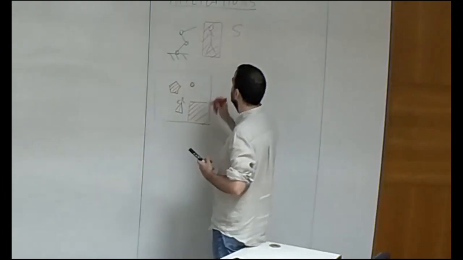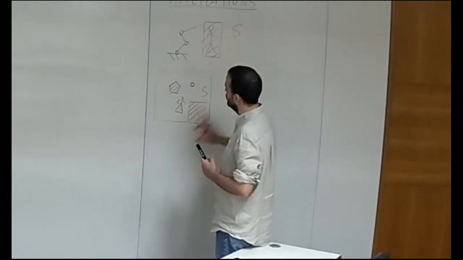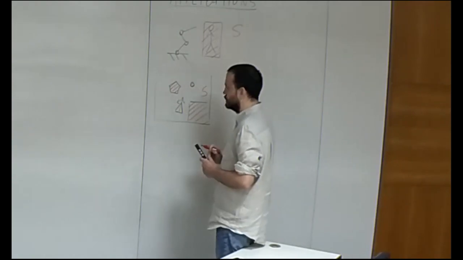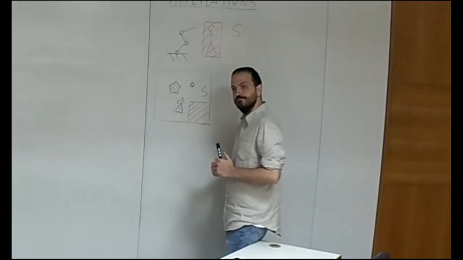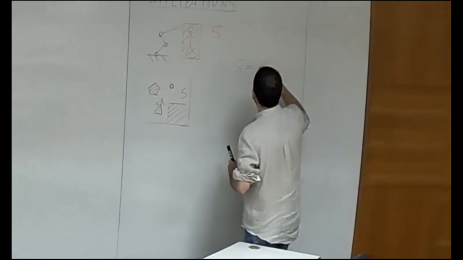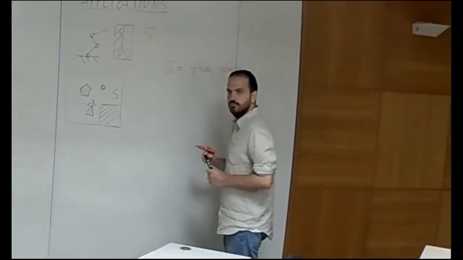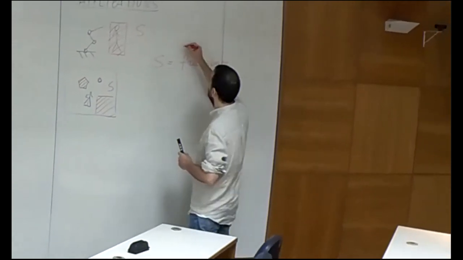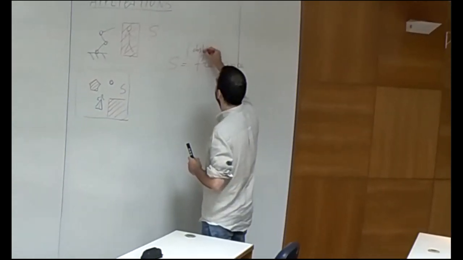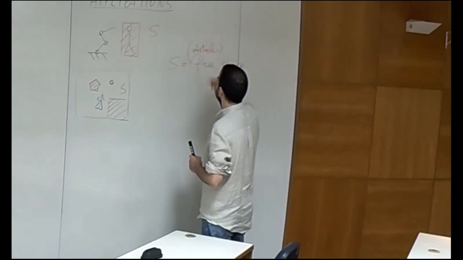So the set S is everything else, the workspace minus the obstacles. In this case, S is the free space, where free stands for obstacle-free space.